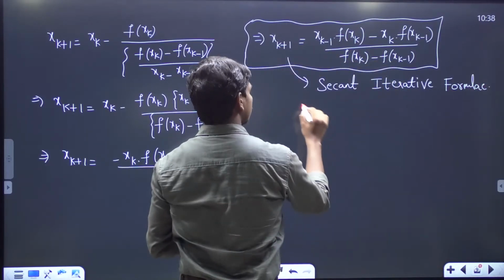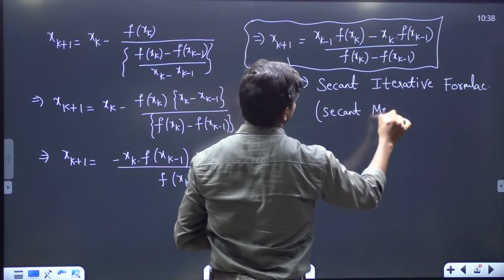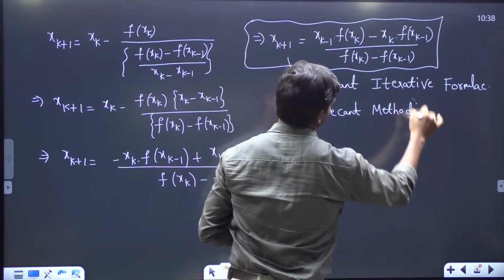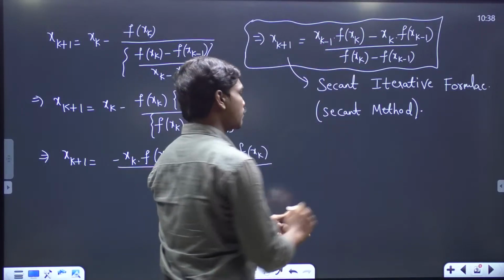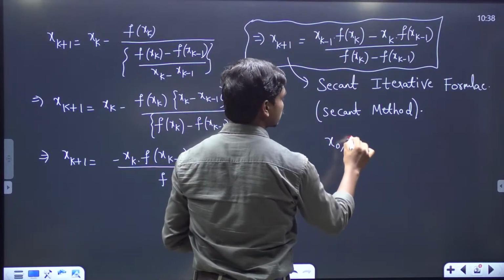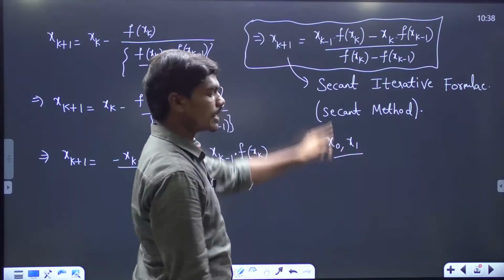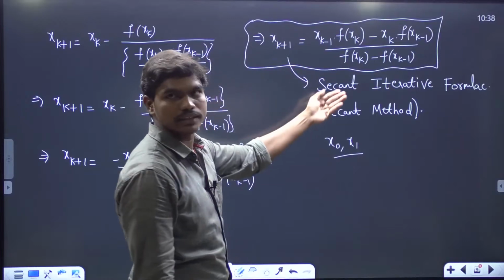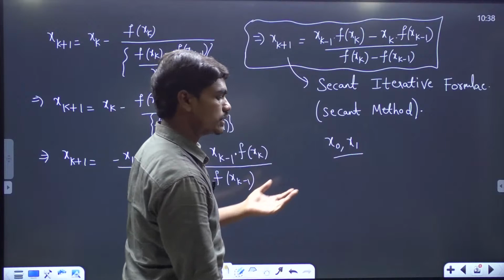This method is called the secant method, where you will be given the values of xk and xk minus 1. For example, if you are given initial guesses x0 and x1, then you can go for x2. Once you know x2, by using x1 and x2, you will go for the next iteration, which is x3. So this is how this will proceed in this iterative formula, and this is for the secant method.